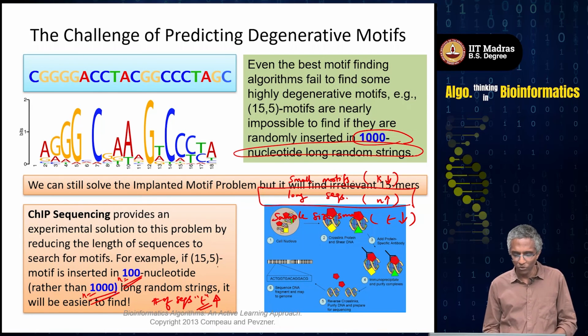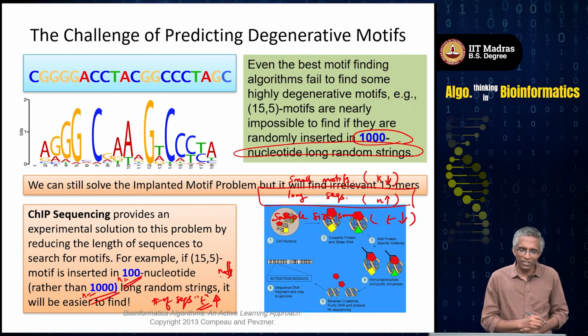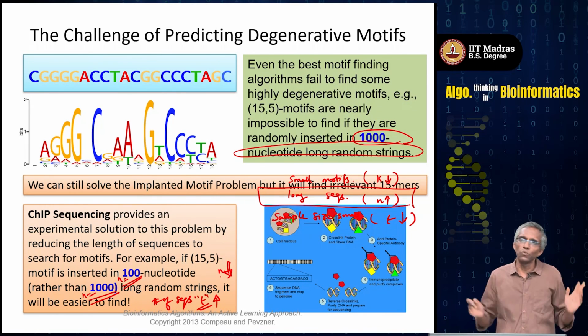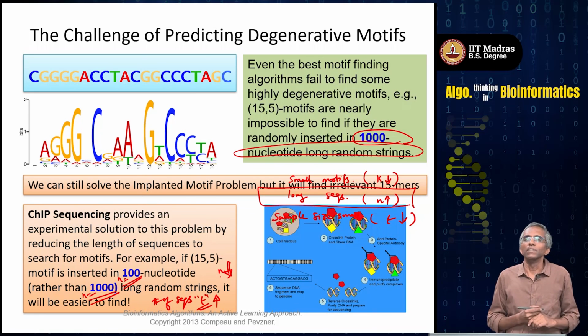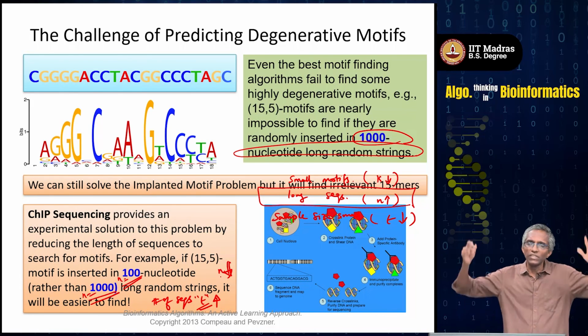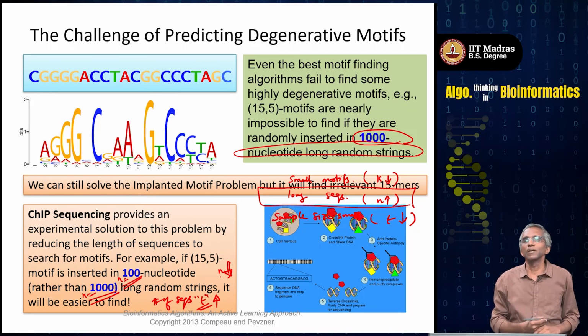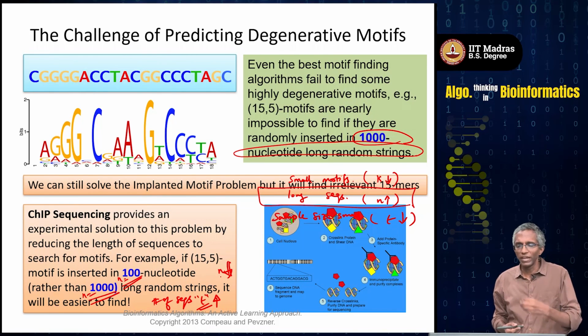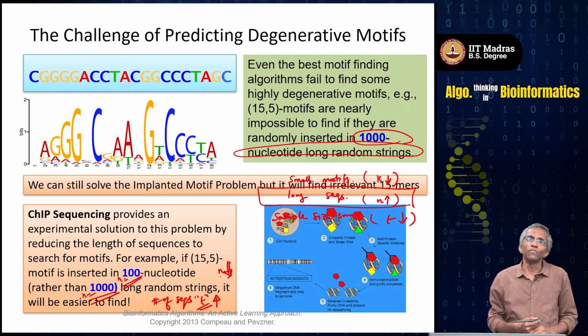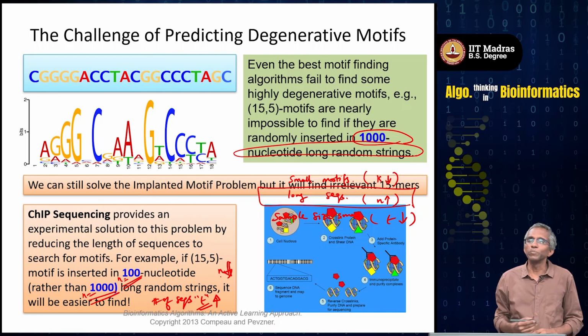And so your n has also now come down, and the k can be whatever k value works best for that particular transcription factor. By decreasing n and increasing t, by decreasing the size of each sequence and increasing the total number of sequences, the sample size, ChIP sequencing will make this problem of finding motifs a bit easier.